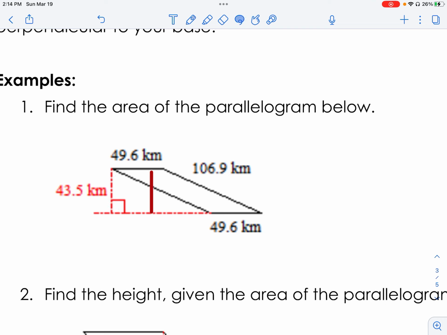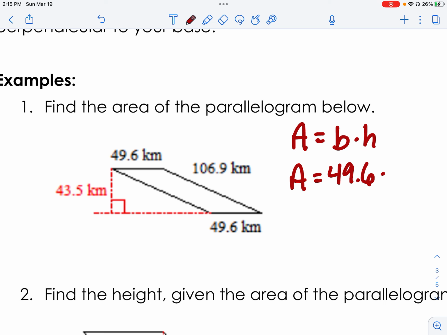So if I brought this over, your height of the parallelogram from your base, so here's our base over here, to the top of it would be 43.5. So all I have to do is plug in area equals base times height. My base was 49.6 kilometers.